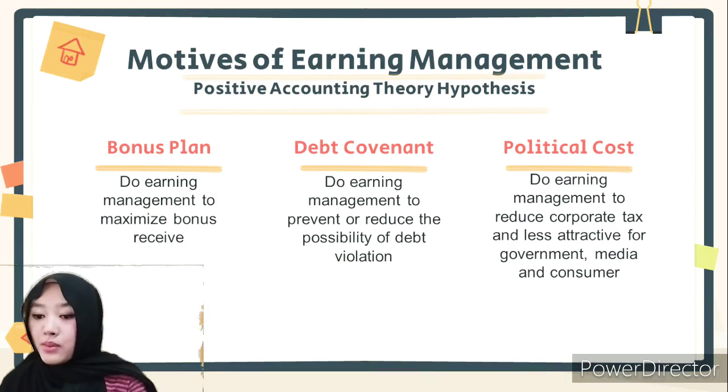As well as tax motives, the company also does earnings management by reducing their income, so they will not attract attention and look less attractive to the government, media, and consumers, which might encourage the issuing of new standards or strict regulation.